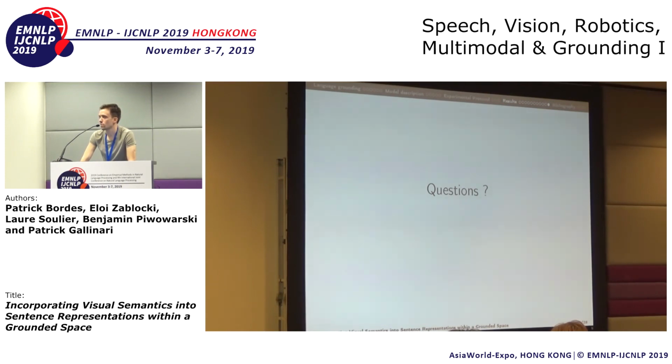Maybe a quick last question. So this might also be future work, but are you looking at more downstream tasks? The extrinsic evaluation you mentioned, but also, would this grounded space help improve performance on VQA or other sorts of downstream vision and language tasks?